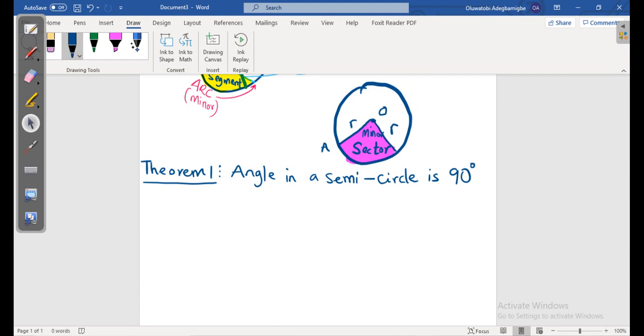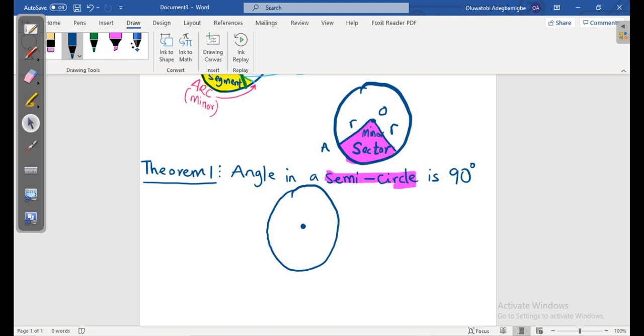What does that mean? Now, if I have a circle and I have a center, the first thing that should come to your mind as a keyword there is, what is a semicircle? You know that a semicircle is half of a circle.